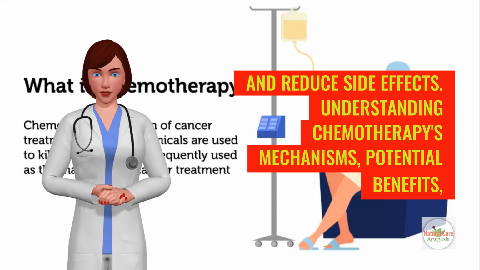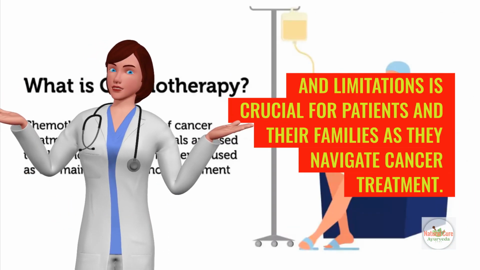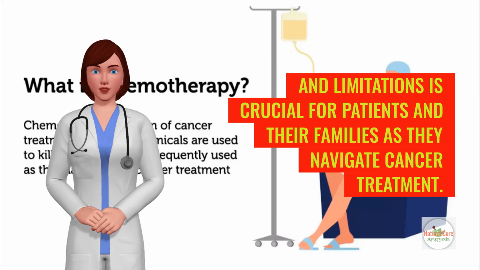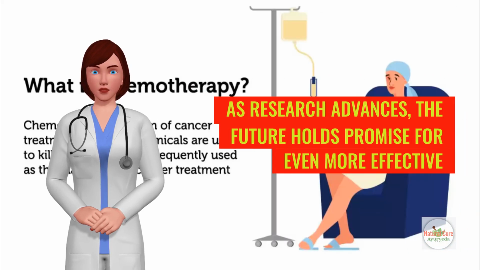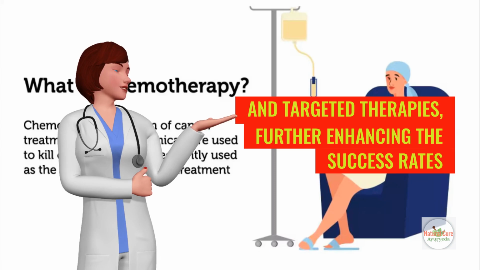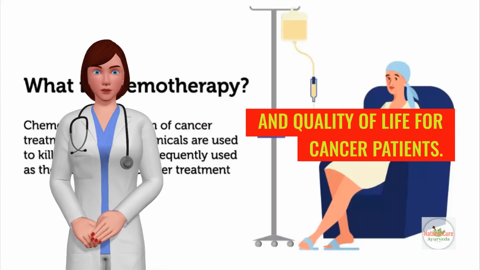Understanding chemotherapy's mechanisms, potential benefits, and limitations is crucial for patients and their families as they navigate cancer treatment. As research advances, the future holds promise for even more effective and targeted therapies, further enhancing the success rates and quality of life for cancer patients.